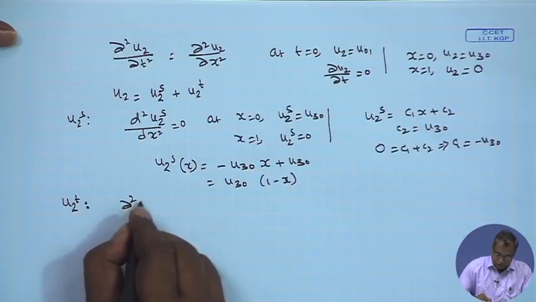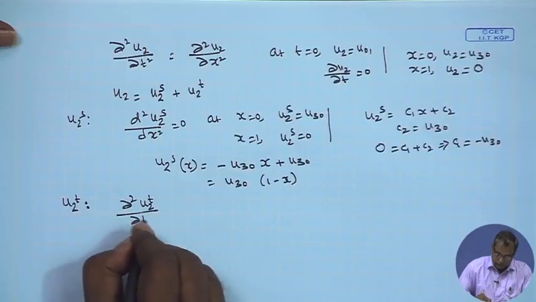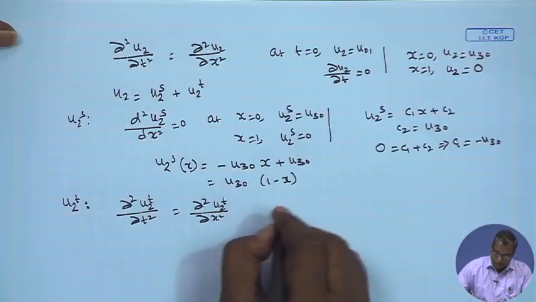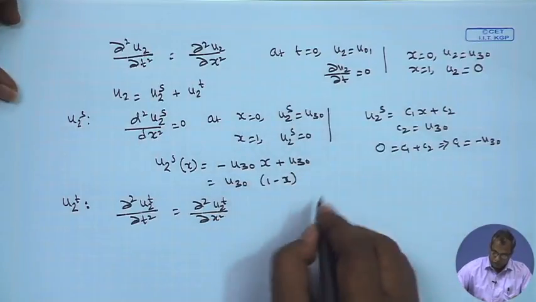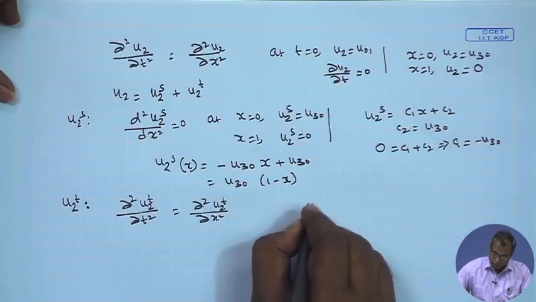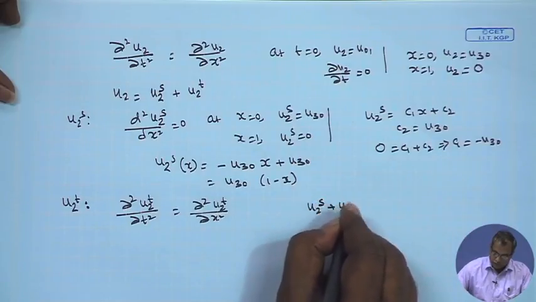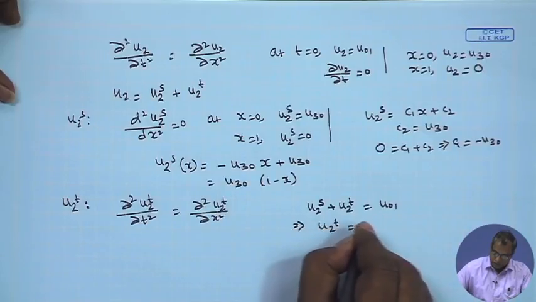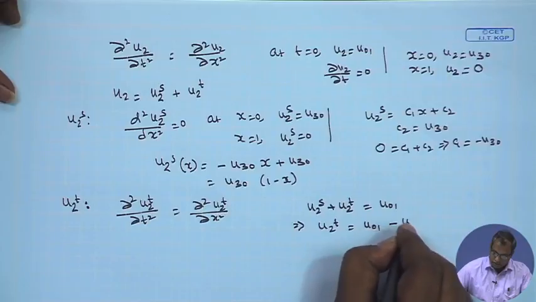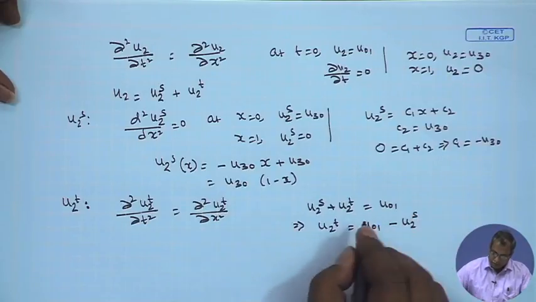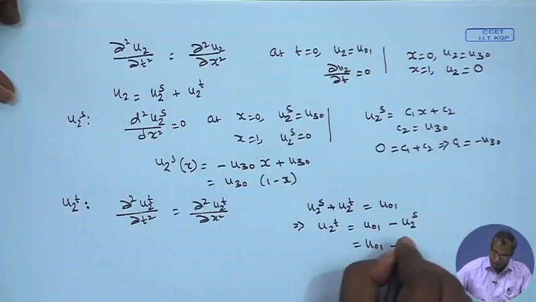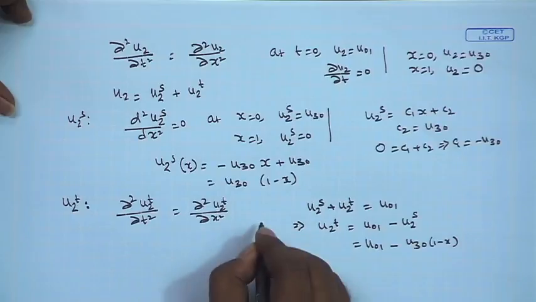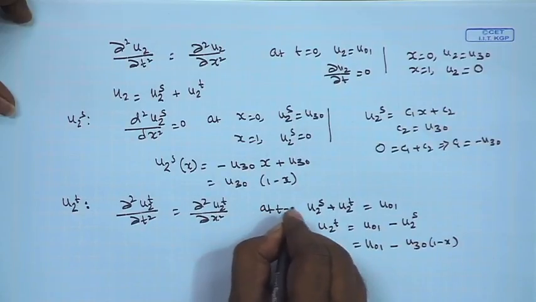u2t will be del square u2t del t square is equal to del square u2t del x square. At t is equal to 0, u2 is equal to u01. So, this will be u2s plus u2t is equal to u01, and u2t will be nothing but u01 minus u2s, and it will be u01 minus u3 naught into 1 minus x, that is u2t at t is equal to 0.